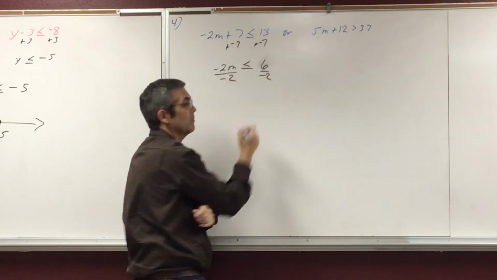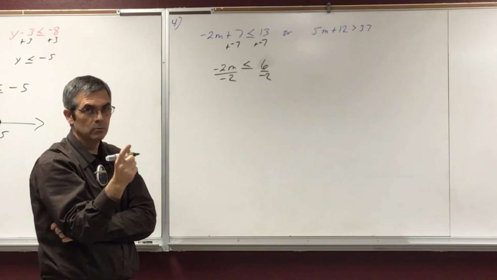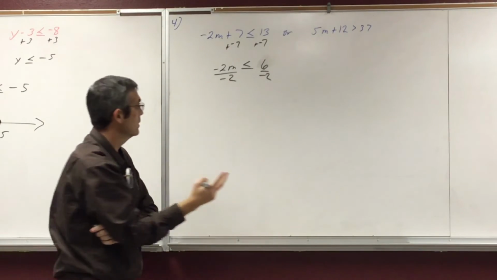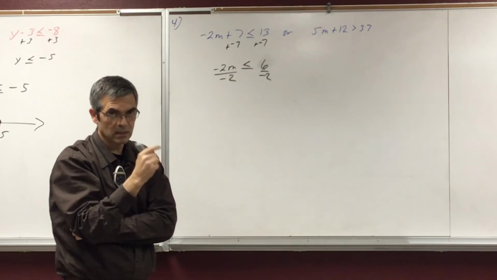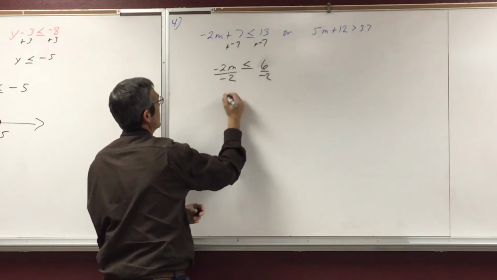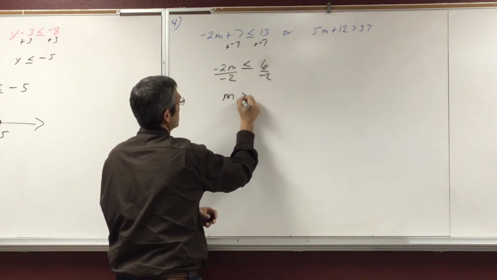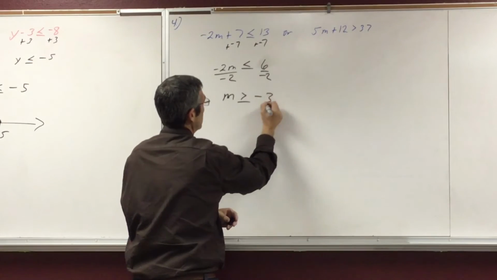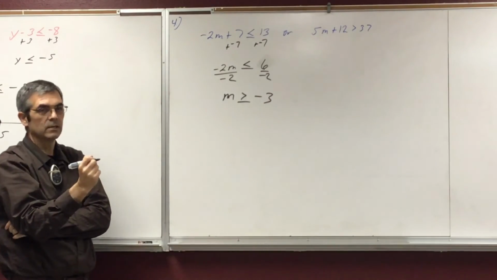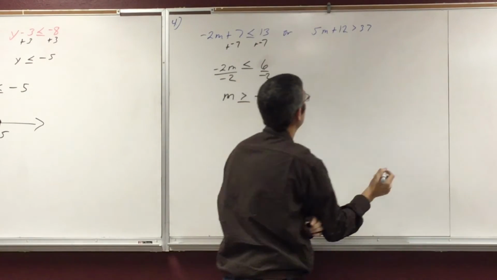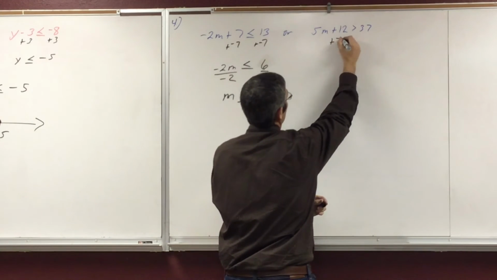Divide by negative 2. But remember, when you divide by negative 2, you flip that inequality. Watch that. That's a common mistake. So watch that. M is greater than or equal to negative 3. Watch that inequality. You may have to do that. Okay? Same thing over here.